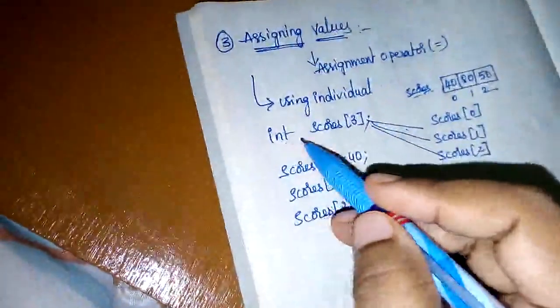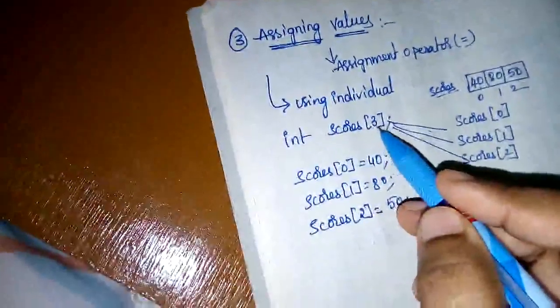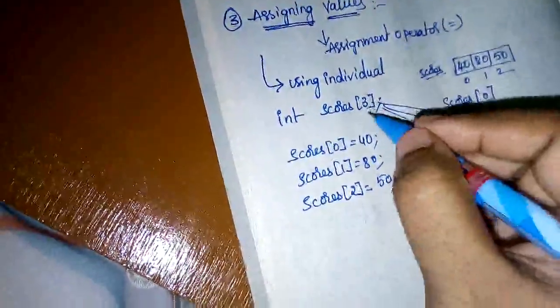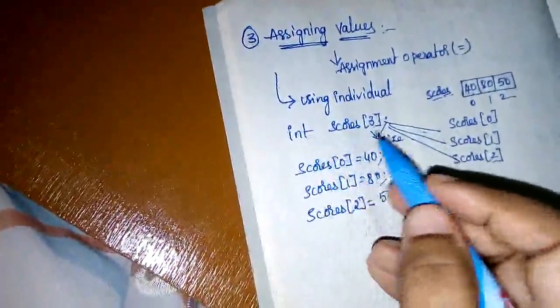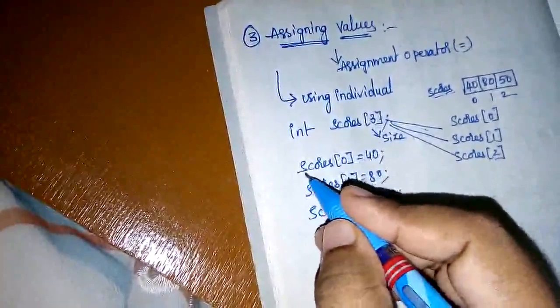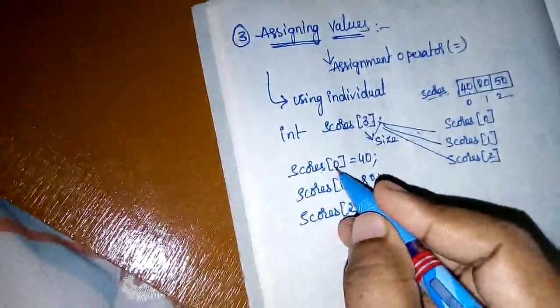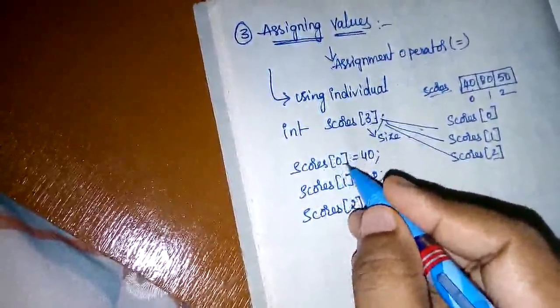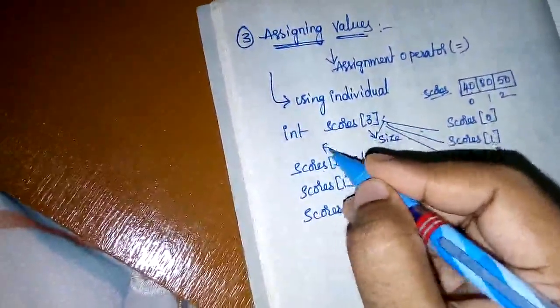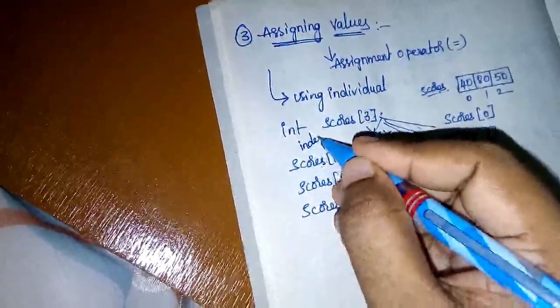At the time of declaration, if you mention 3, that indicates the size of that array. After declaration, if you simply write the name of the array followed by a number in square brackets, this indicates the index of that element.